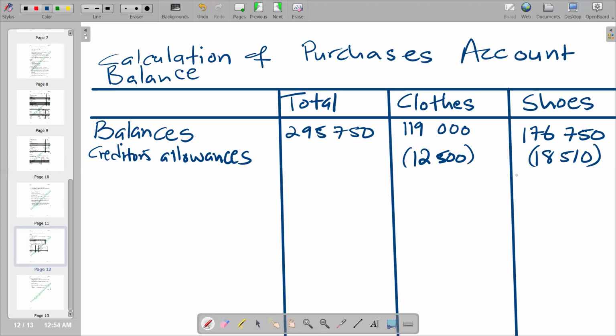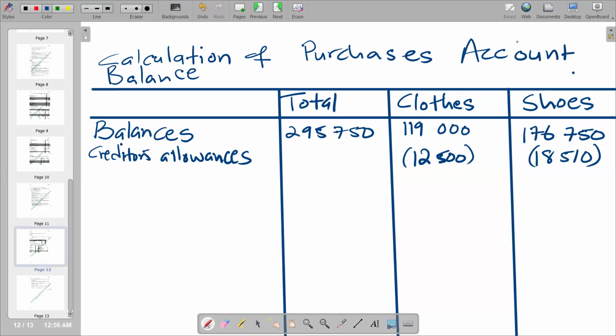If you add the two figures, 12,500 plus 18,510, let's add. You get your answer of 31,010, and we are going to show that as a negative again.